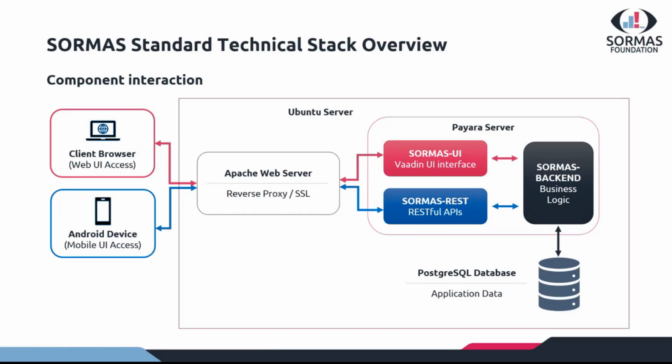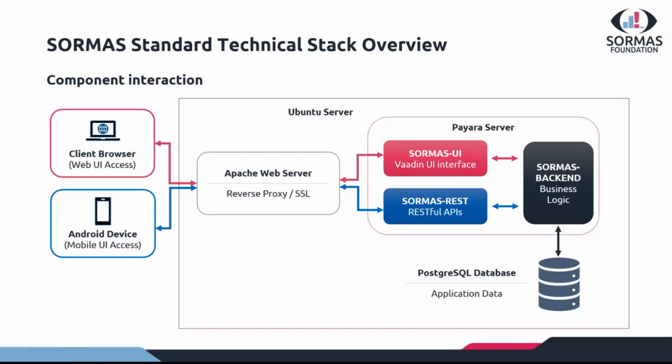This also serves as the communication layer between the Android mobile application and the SORMAS backend. Then you have the SORMAS backend. Each of these modules of SORMAS is an independent module. They are not packaged as one archive. The SORMAS UI is a web archive, .war. SORMAS REST is a web archive, .war, and the backend is an enterprise archive, .ear.